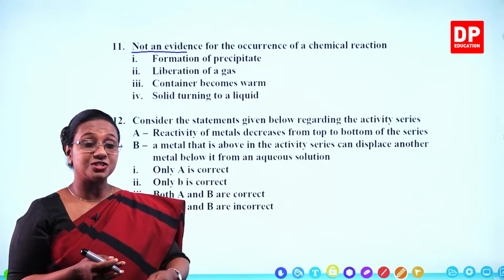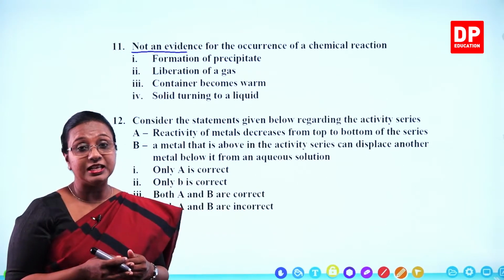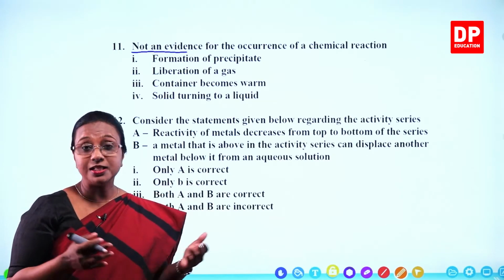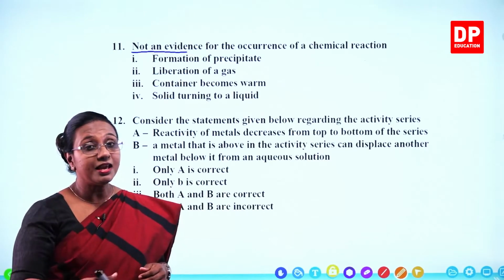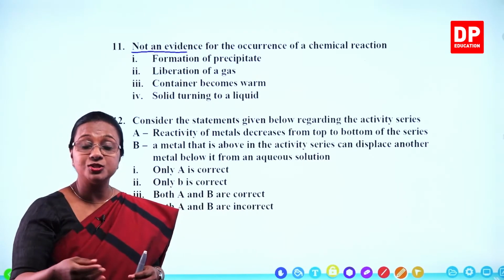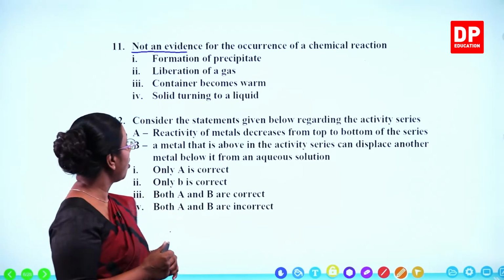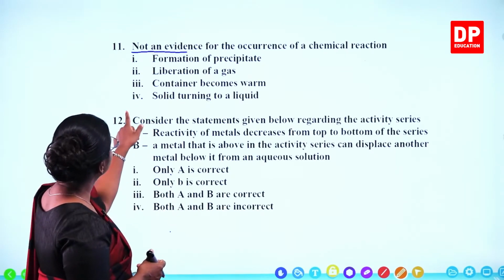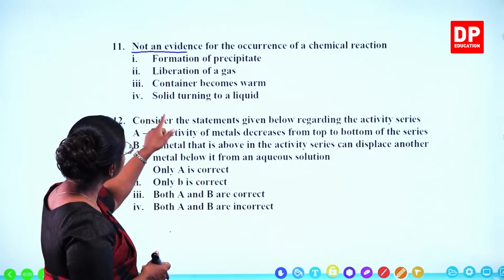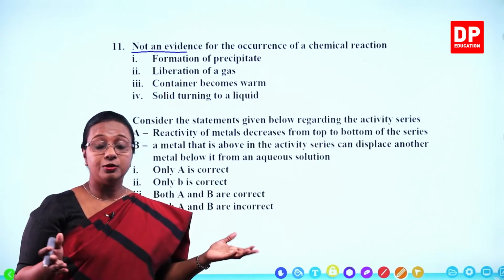It's a violent reaction, evolves a lot of heat. When magnesium reacts with dilute acids, zinc reacts with dilute acids, there also heat is evolved. So the beaker container becomes warmer. That is also correct.